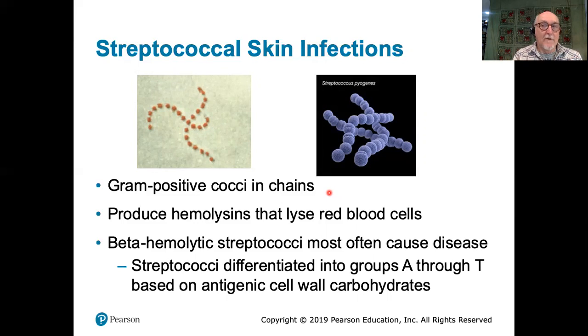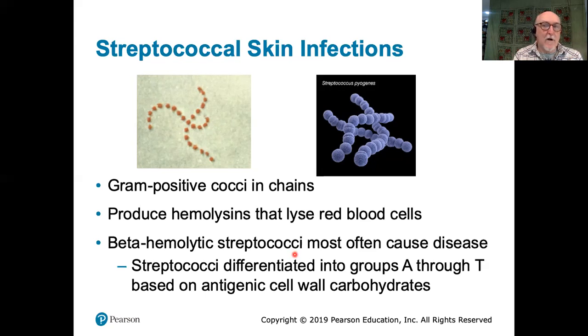But one of the virulence factors, which is very important, is that they can produce substances which will lyse red blood cells. Most commonly you see this in the group called the beta hemolytic streptococci. And it's beta hemolytic streptococci that mostly cause disease. So that can be a warning sign if you have beta hemolysis. It is possible that that is a disease causing strep.